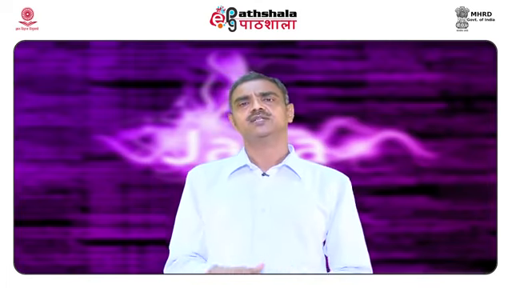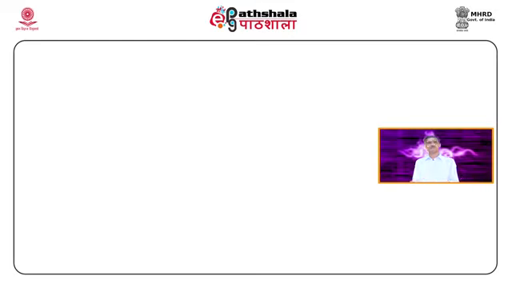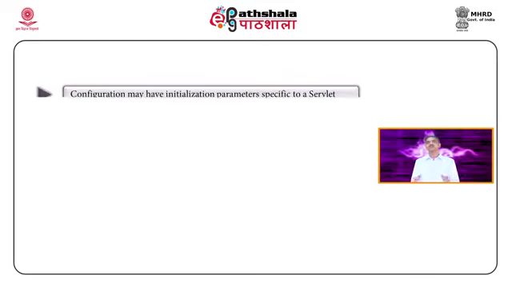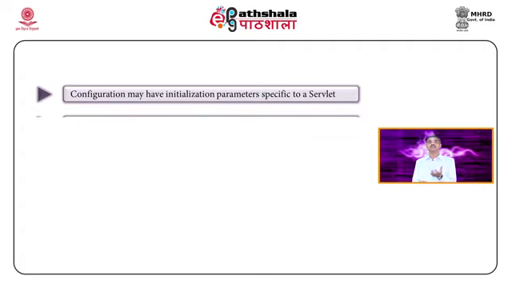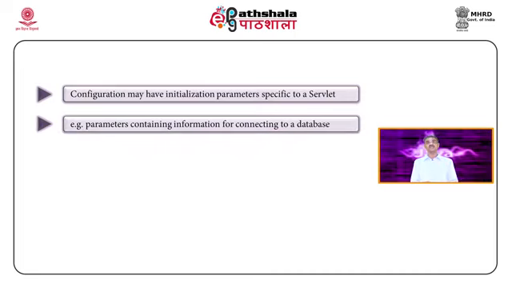Proceeding further, what do we have? We have our container having created the object of the servlet, which was known from the configuration. During its startup, it does all this, and then what is the next step? After creating the object, what is it supposed to do? In our configuration, we might have some initialization parameters. We want to give some information related to what databases this servlet may be trying to access.